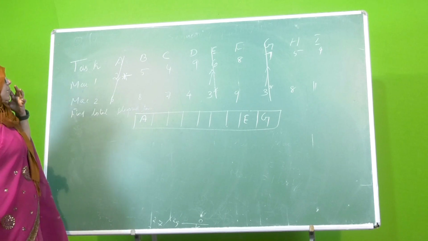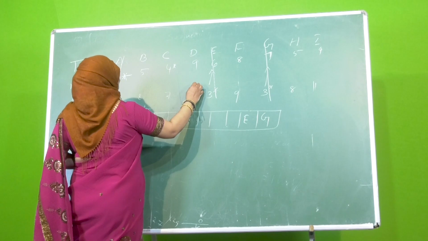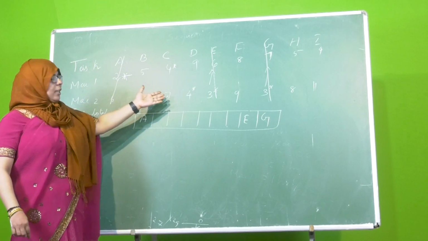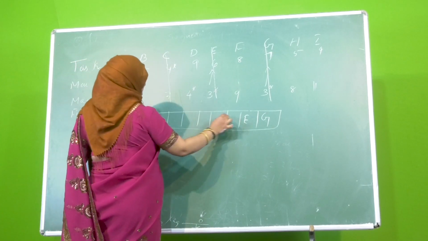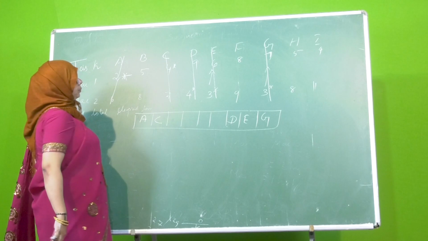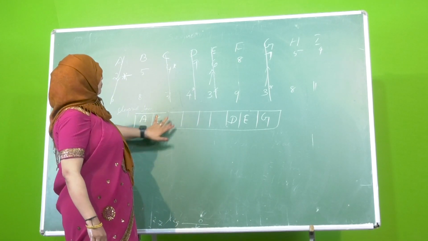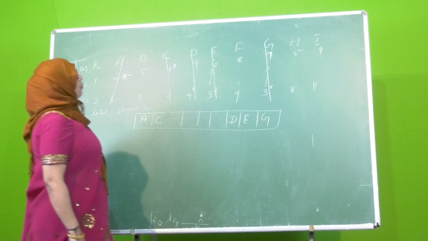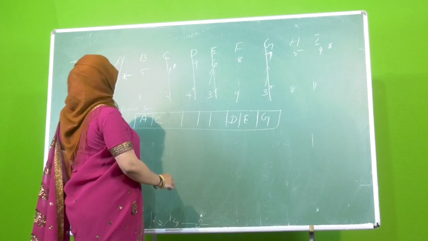So another least element, 4, 4. So no problem, because one is in machine 1 and another one in machine 2. So C here and D here. Okay. Next, which one is the least element? 4 is the least element.